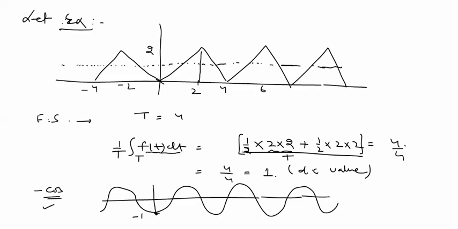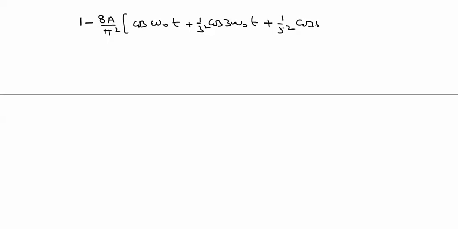We directly write down the expression for this: 1 minus 8a upon pi square cos omega naught t plus 1 by 3 square cos 3 omega naught t plus 1 by 5 square cos 5 omega naught t and so on.